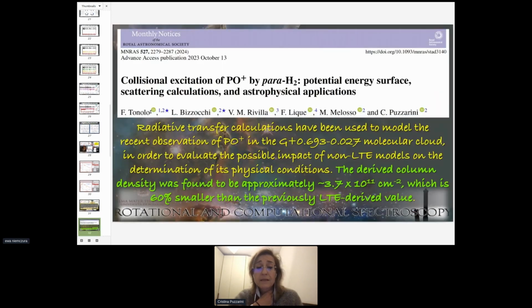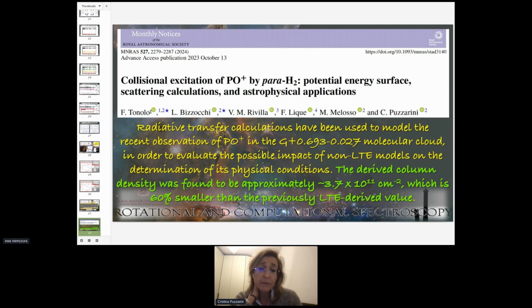Here you have a real, very recent example, PO+. PO+ is the second molecule containing the PO bond, which is important in the field of astrobiology, discovered so far in the interstellar medium.